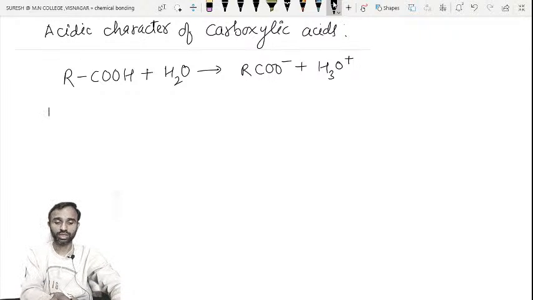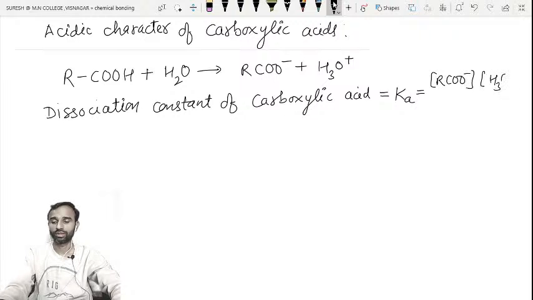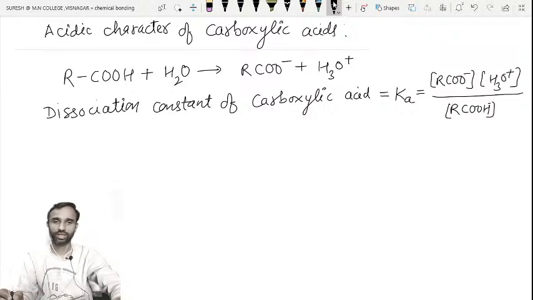So the dissociation constant of carboxylic acid is denoted by Ka and is equal to [RCOO-][H3O+] divided by [RCOOH]. Water concentration is constant, so this is the dissociation constant of the acid.